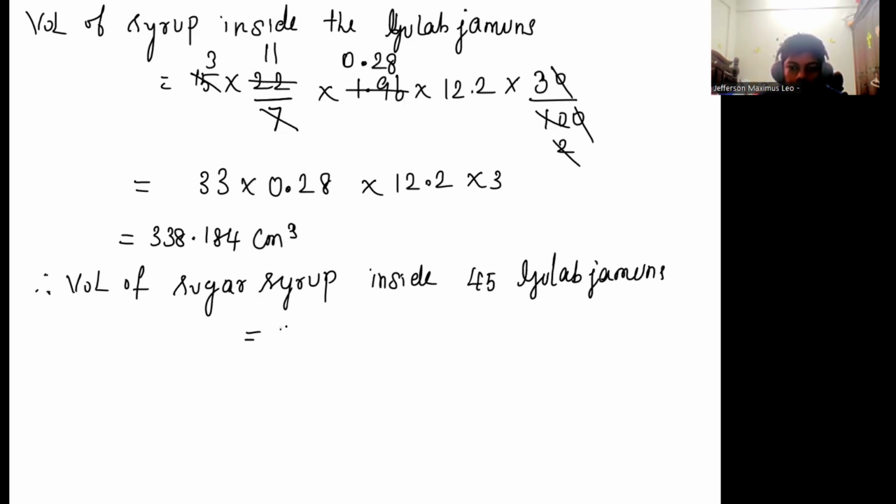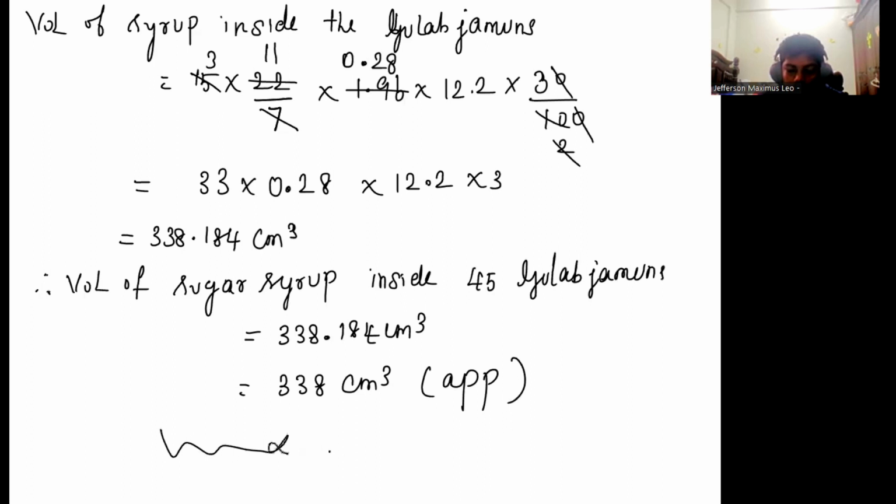That is equal to 338.184 centimeter cube. Therefore, the volume of sugar syrup inside 45 gulab jamuns is equal to 338.184, so 338 approximately. Okay, ma'am. It's approximately. That's all.